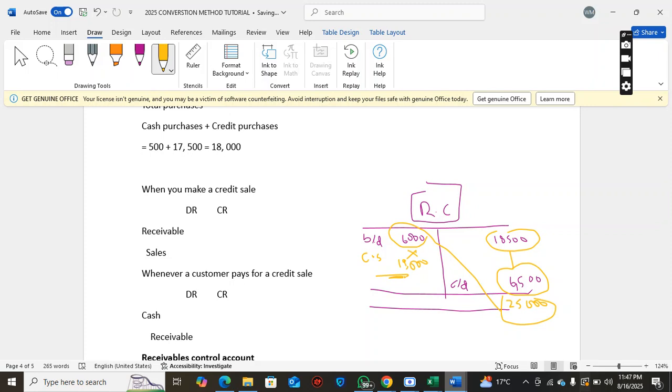When I said transactions involving the receivables control account, you look for transactions dealing with that. Any transactions dealing with credit sales will be on the receivables control account.